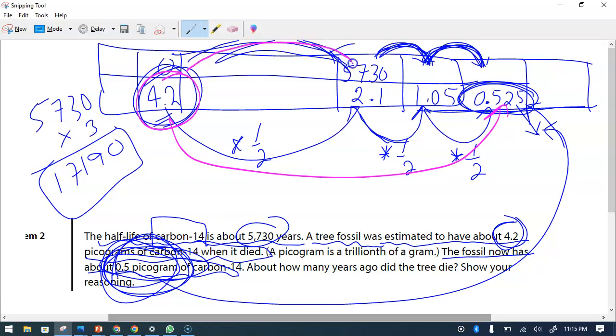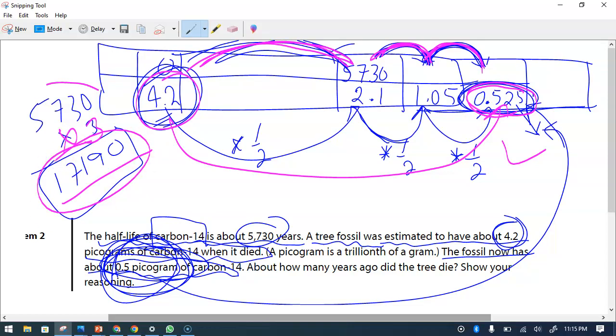It takes one group of 5,730 years, another group of 5,730, another, so three of them. That's why you need to multiply by 3 and you get the answer. Hope that helps, as after so many years the amount of picograms is this much.